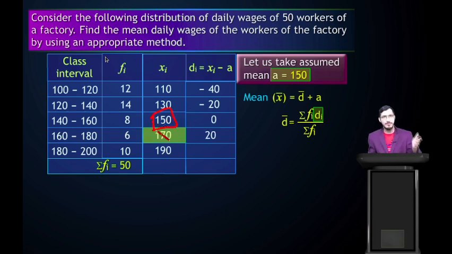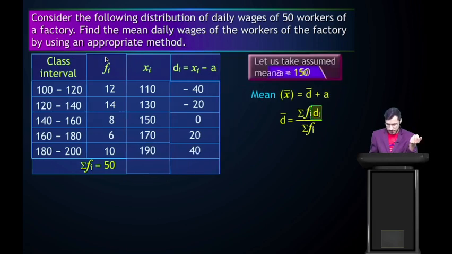So 110 minus 150, we get minus 40. 130 minus 150, we get minus 20. In the next column 150 minus 150, we get 0. 170 minus 150 we get 20, and 190 minus 150, we get 40 here.